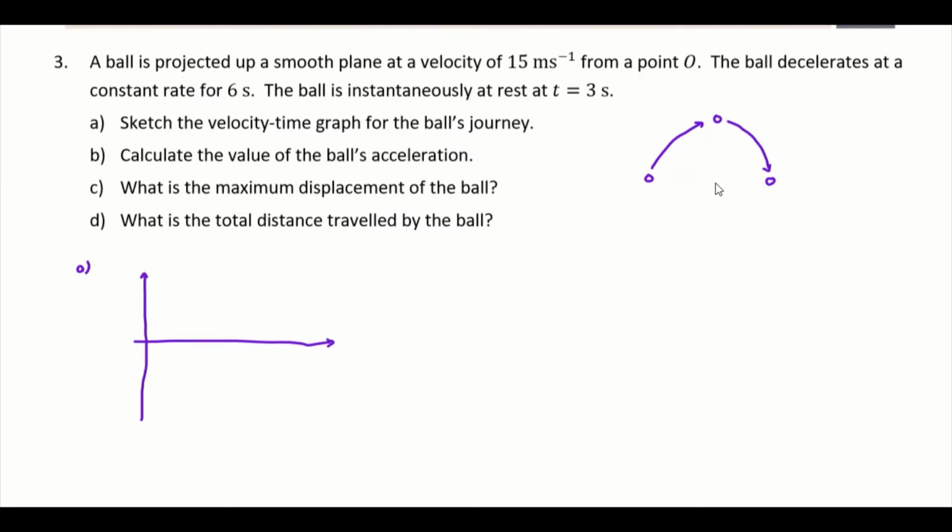So some knowledge that you might need is that normally when the particle is at rest, meaning when the velocity becomes 0, that will be the point where the particle changes direction. So you can imagine things like this.